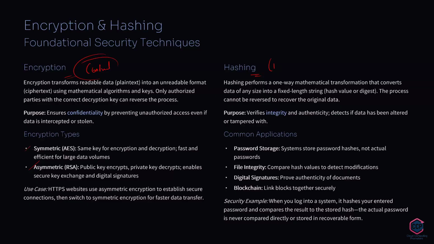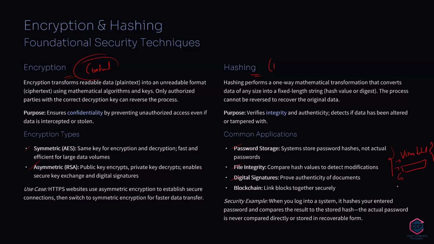If we have a file and it gets tampered with, or any changes are made, it will be seen in audit logs. Common applications are password storage, file integrity and digital signatures. I have already shown all these things in VirusTotal, where we paste a hash.